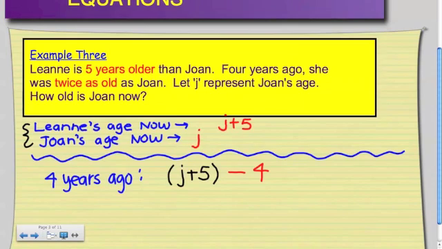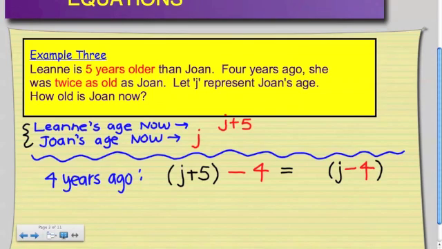And at that time, 4 years ago, Leanne was twice as old as Joan. So that means that Joan's age 4 years ago, we would take J and we would subtract 4 from Joan's age, right?